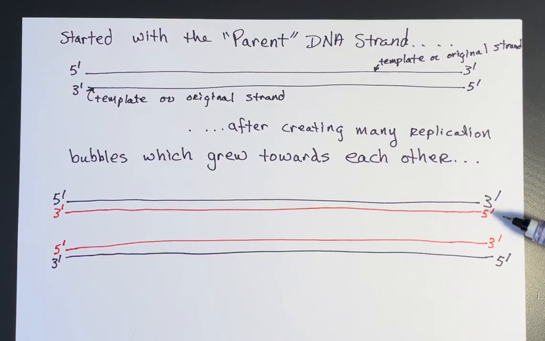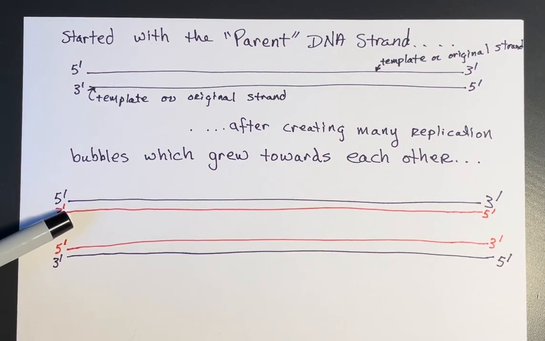So we've now doubled the DNA. And this happens with every chromosome all at the same time. And note, we have an original strand of DNA as well as the new complementary strand.